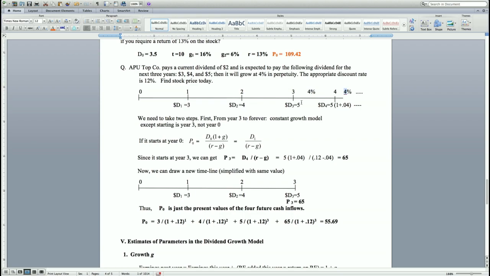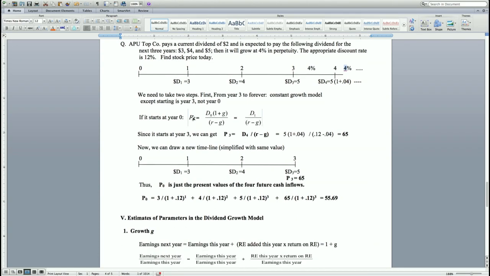So let's do this. P0 is D1 over R minus G. Then if you sell your stock in year 3, that means you want to know what the price will be, or P3.